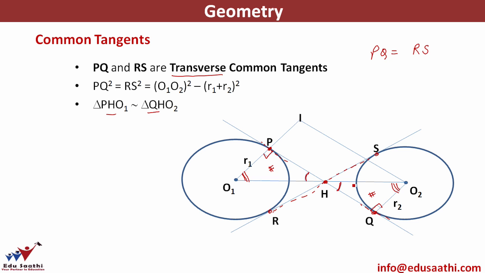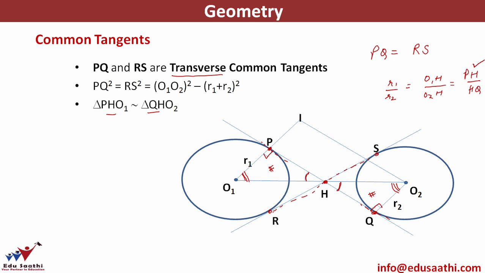So I can say whatever is the ratio of R1 over R2, that same will be the ratio of O1H over O2H. So that means the line joining their centers is divided in the same ratio as the ratio of their radii. Or I can write this is also equal to PH over HQ.